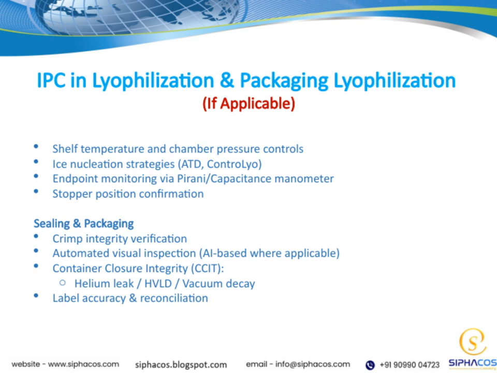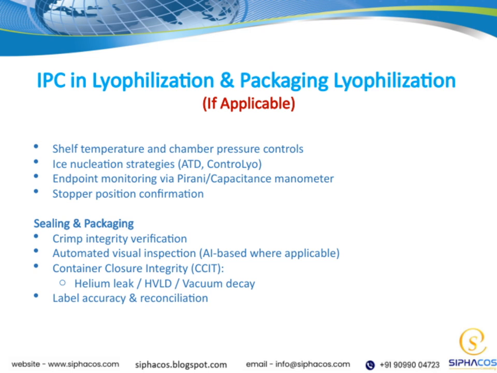These inspections help us identify any defects or anomalies in the packaging early, ensuring only quality products reach the end user. Container closure integrity testing, or CCIT, involves methods like helium leak testing, HVLD, and vacuum decay. These tests confirm that the container's seal is intact and that the product is protected from external contaminants.